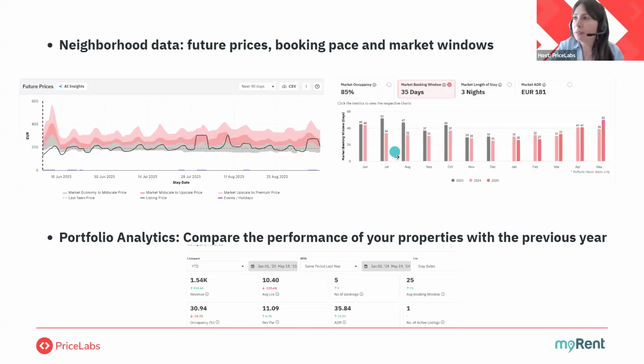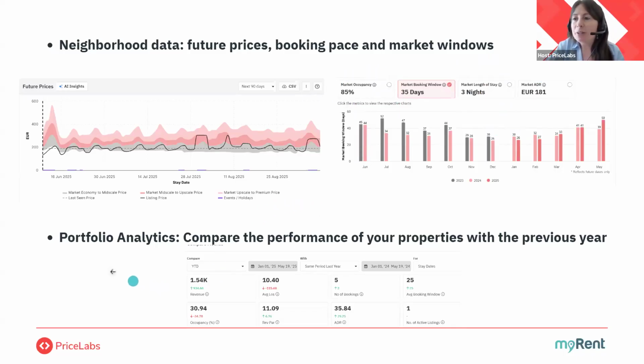So for example, for August, the booking window is 32 days. So I'm going to expect bookings one month in advance. For September it is also one month, so if my calendar is already full for September, it might be that my prices are too low.